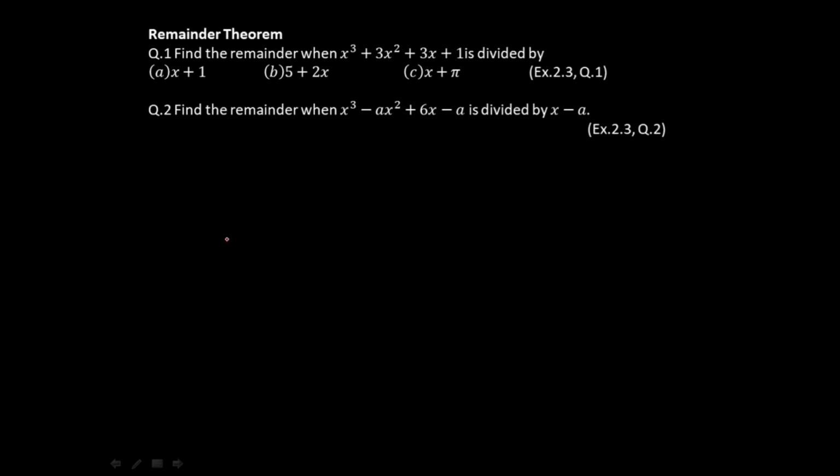Let's pick the very first question. I assume p of x is x cube plus 3x square plus 3x plus 1. So x will be replaced by which value? Let's see. x plus 1 equal to 0, x equal to minus 1. So that value will be minus 1.